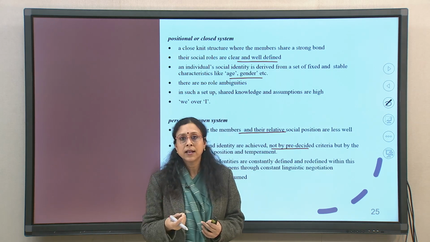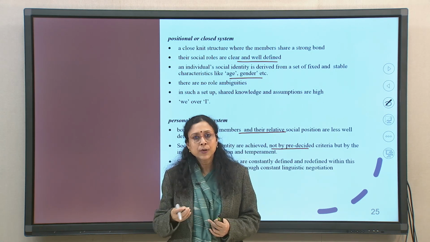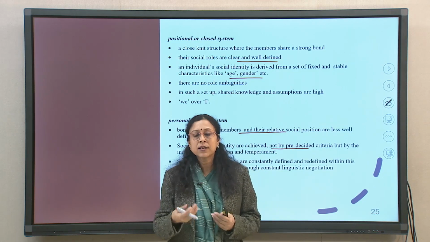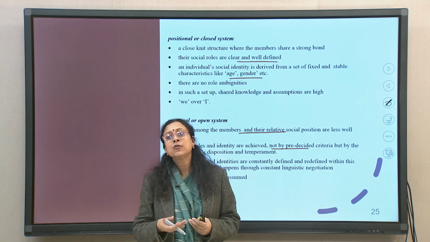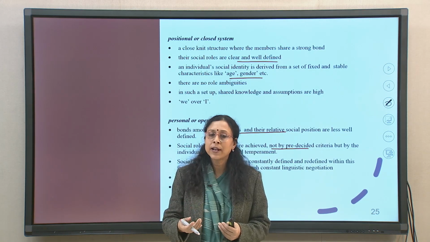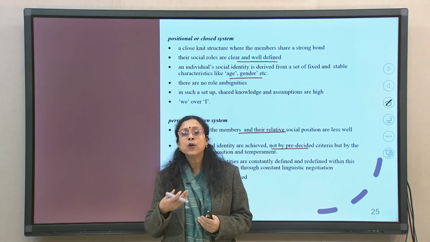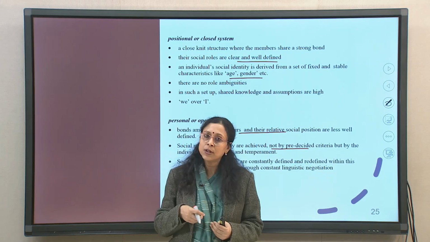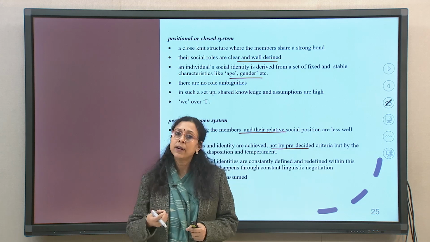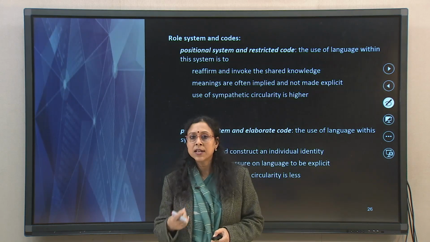There you have to speak clearly, your clarity of language and your clarity of thought should go together, and thereby you are trying to create an image, the way the person next to you will create an image of you. So, you have to be very careful. This is an open system where your position is not predefined, you are creating it by the way you present yourself. Language plays an important role there, as a result of which you will be more explicit with your syntax and your semantics and so on. So, this is the open system that he talks about. An open system will use the elaborate code.